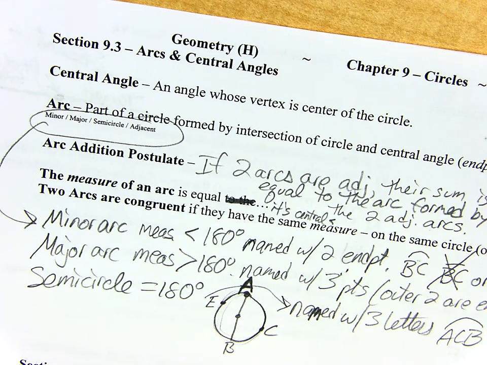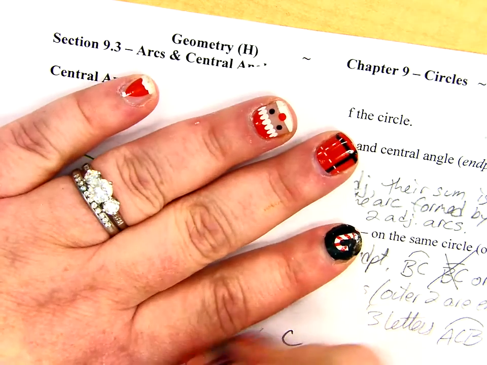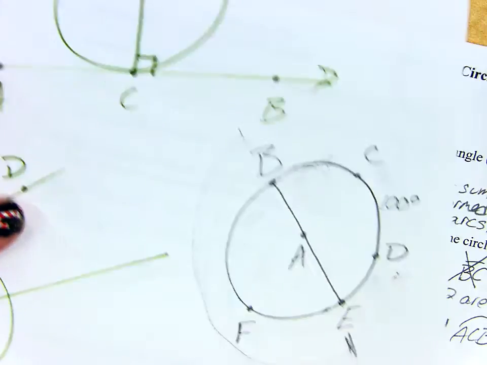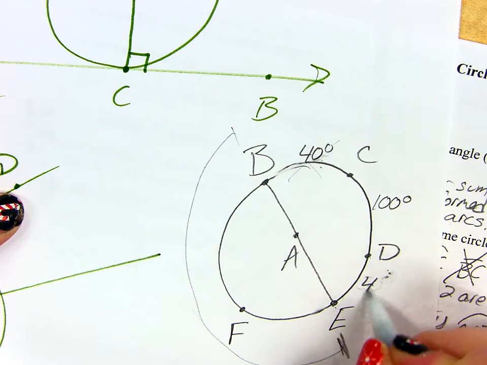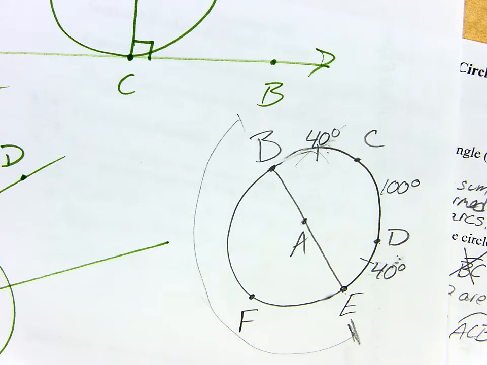So that's pretty straightforward. If I had this diagram back and I knew that BC was 40 degrees and DE was 40 degrees, that means that these arcs are congruent because they have the same measure. Easy enough? Okay.